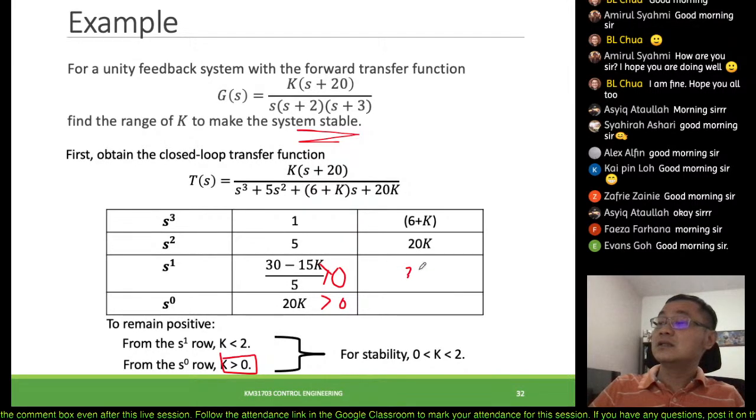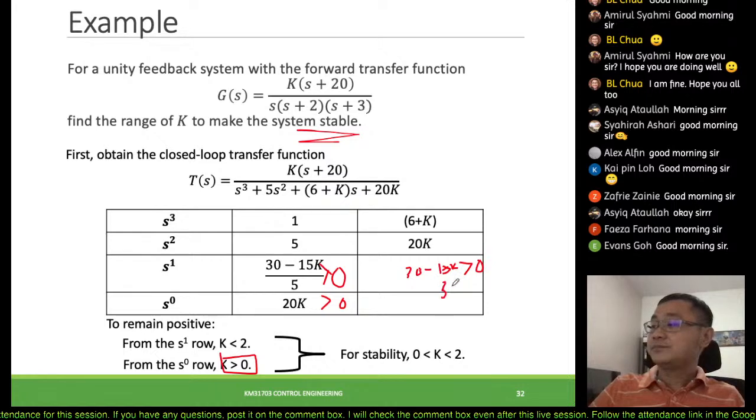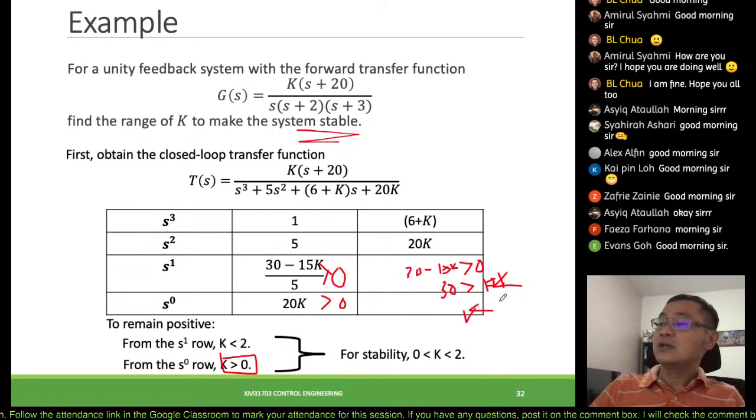Then bring 30 over 15K, rearrange, divide, and it would be this way. So K must be less than 2.